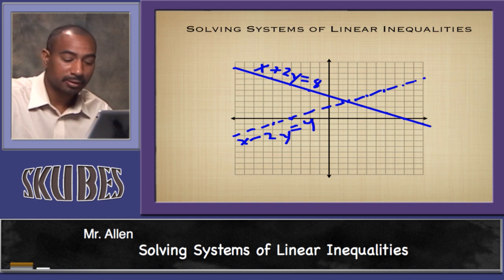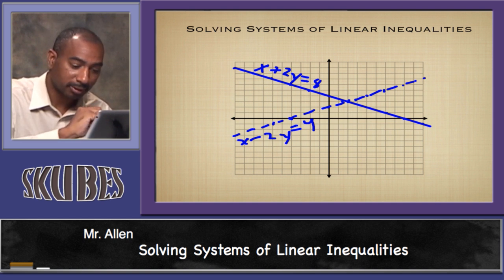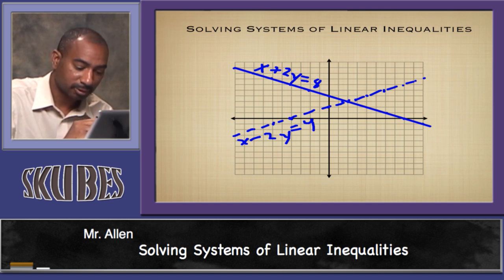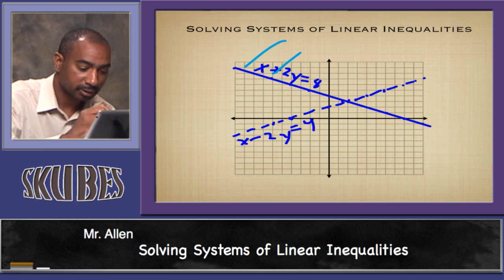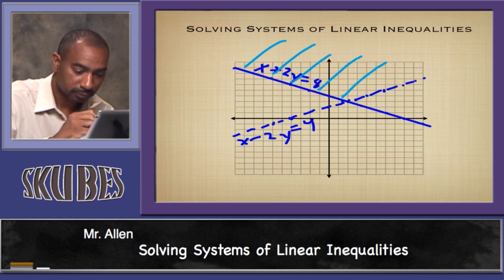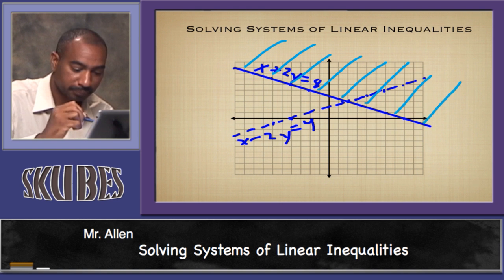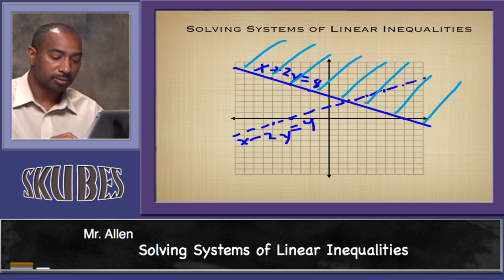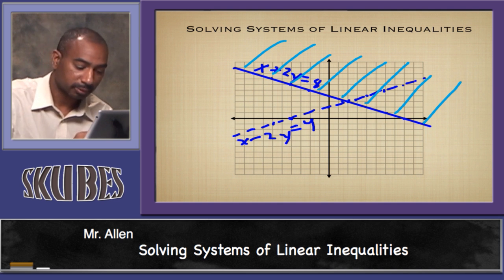Now you just have to shade up or down. Let's start with the solid line. That was x plus 2y is greater than or equal to 8. So we're going to shade everything above this line, including points on the line. So it goes this direction. And for the second one, this is x minus 2y is less than negative 4.